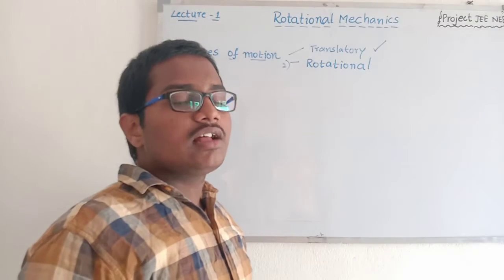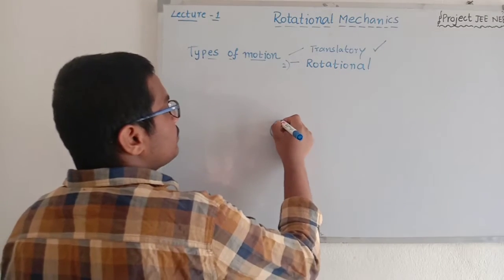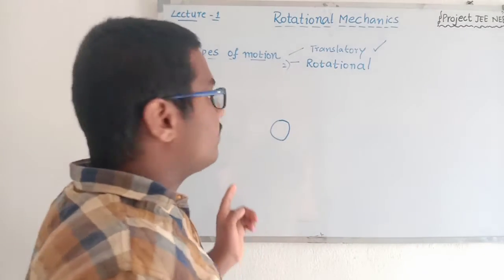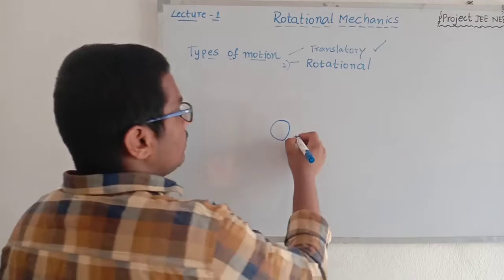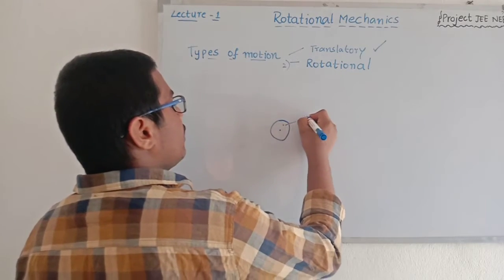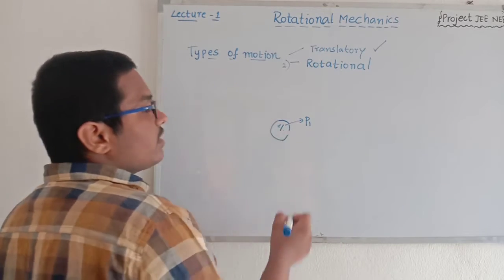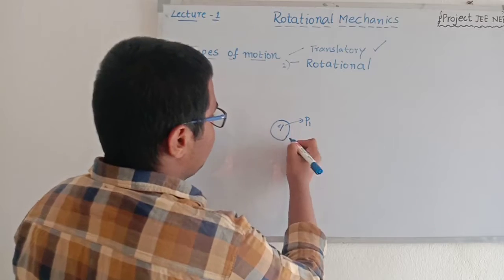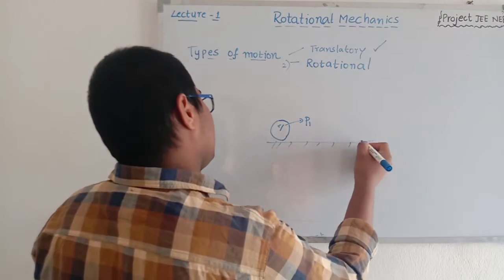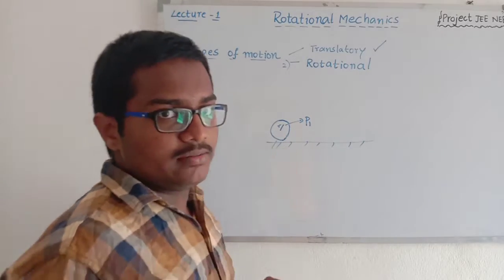In the previous discussions also, I gave an example of translatory motion and explained the rotational motion there itself. So for now, let's take the same body as an example. If P1 is a particle on this with a distance of r from the center of the body, and this is the floor, assume rotational motion of this body.